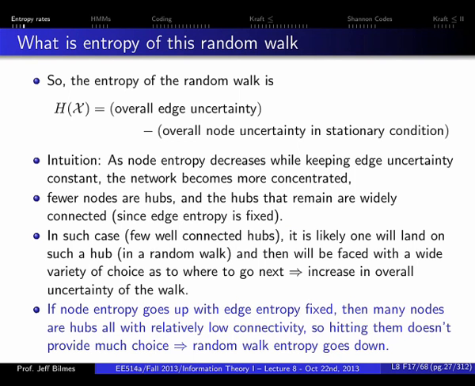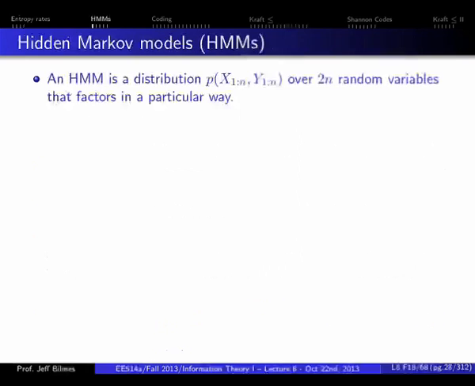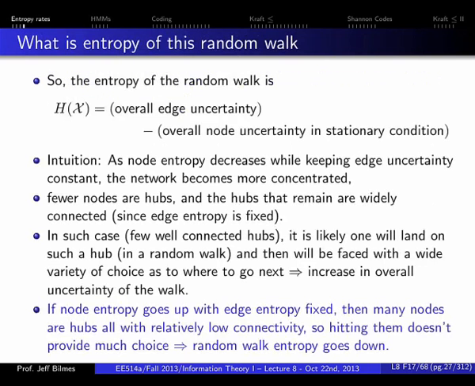And in doing so, we increase the overall uncertainty of where we are, but we decrease the overall uncertainty about where we think we're going to go next. That's what the equations say. Okay, so any questions about that? I think that's pretty cool. You can tell when I think things are cool, right?